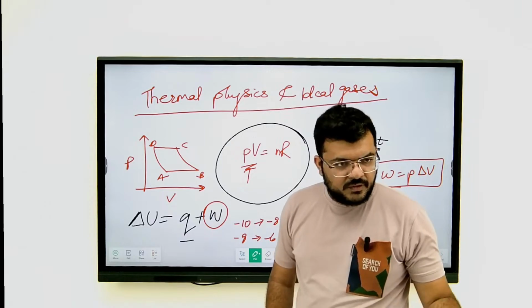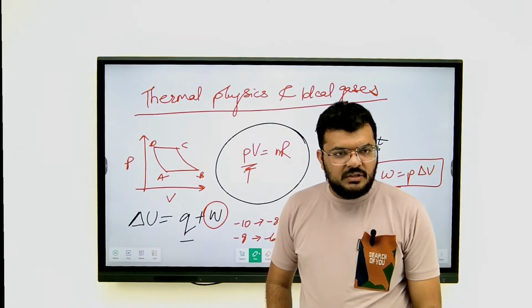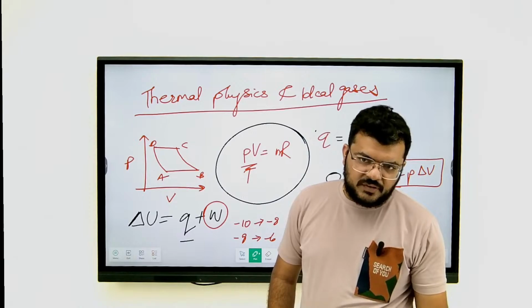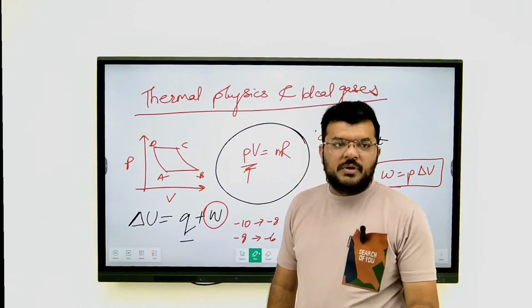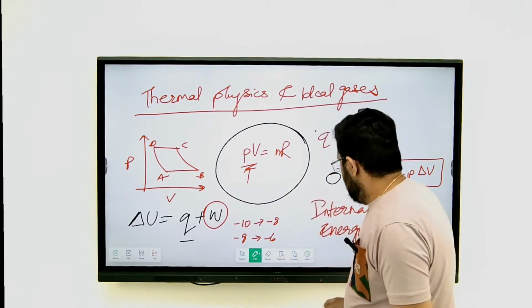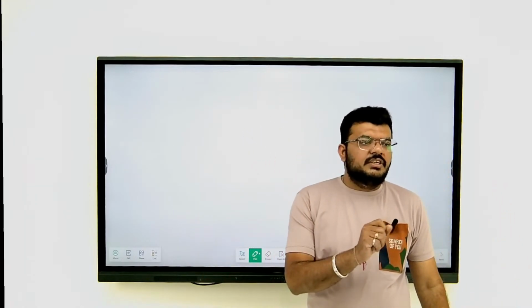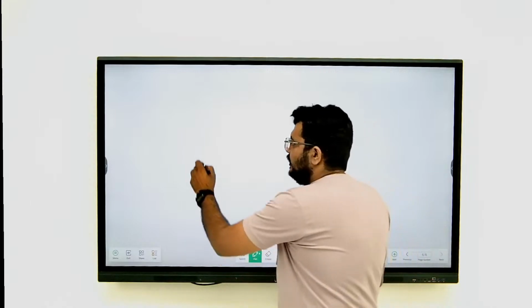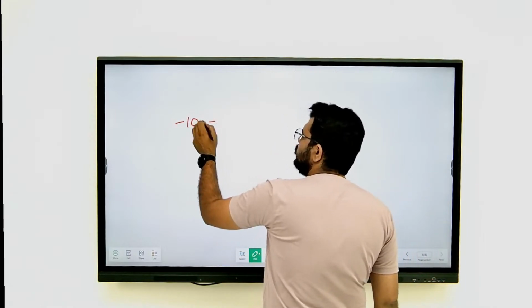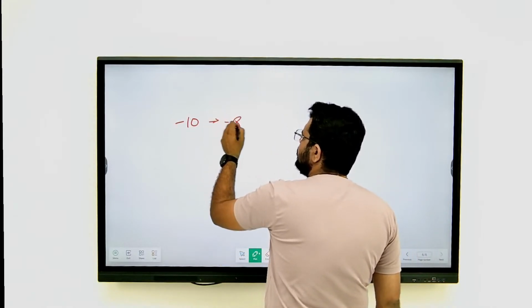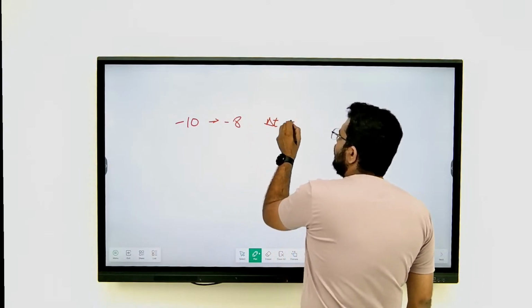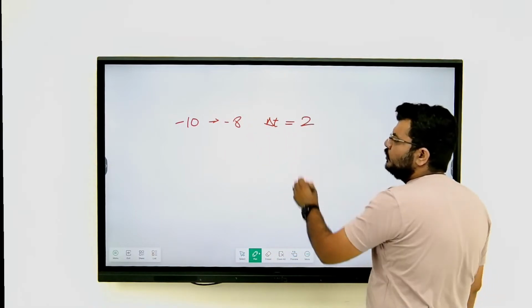Also, I hope everyone knows Kelvin temperature is degree Celsius plus 273, but you should also remember that the change in Celsius scale is equal to change in Kelvin scale. So let's say in the last question the temperature goes from -10 to -8, then delta T is equal to 2.